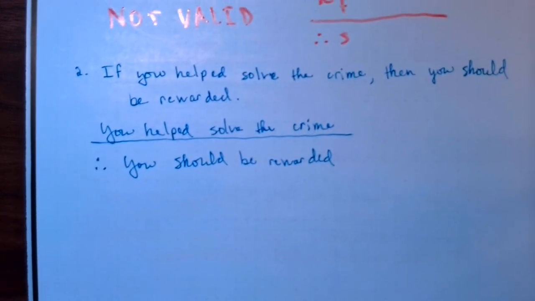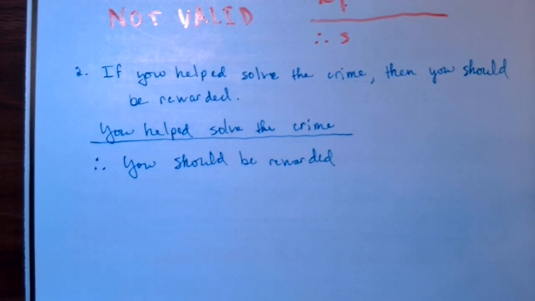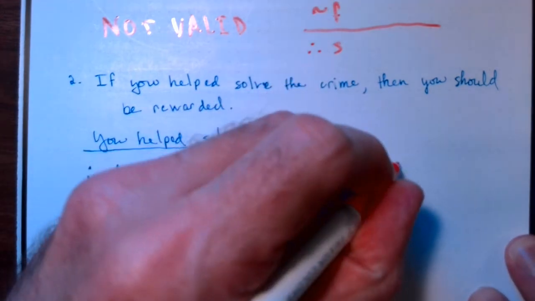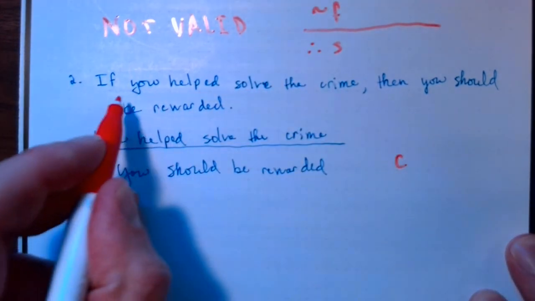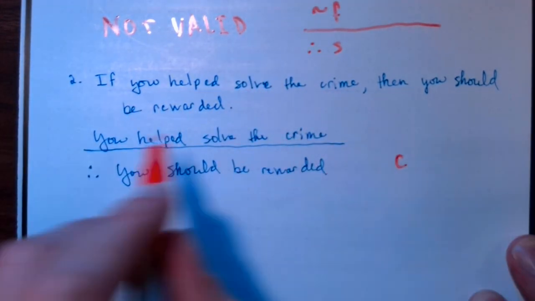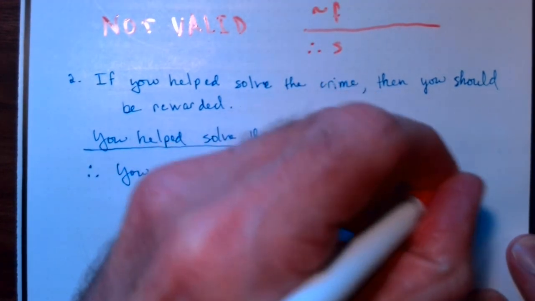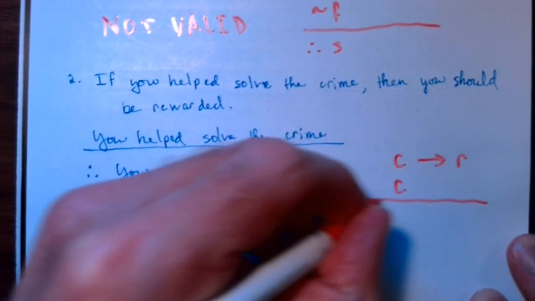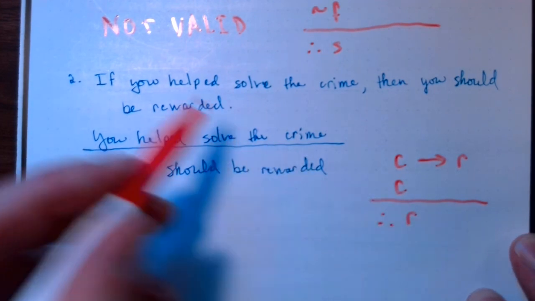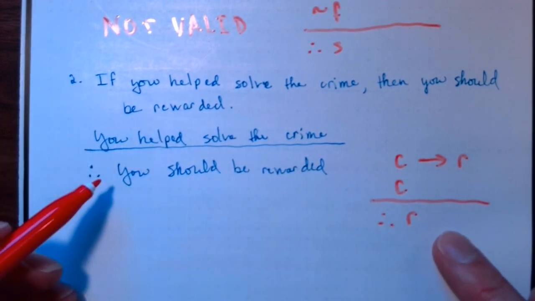If you help solve the crime, then you should be rewarded. You helped solve the crime, therefore you should be rewarded. Let's put this in symbols. C, if you help solve the crime, you should be rewarded. C implies R. C, therefore R. That's the form that this argument has.